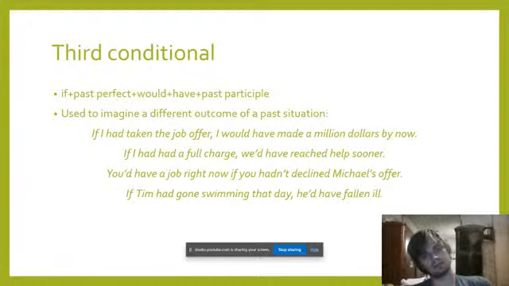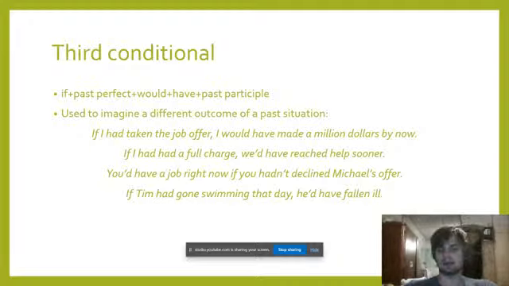And the fourth example, which is a much simpler example: if Tim had gone swimming that day, he would have fallen ill. So basically, Tim wanted to go swimming, but he didn't because there was something in the pool.